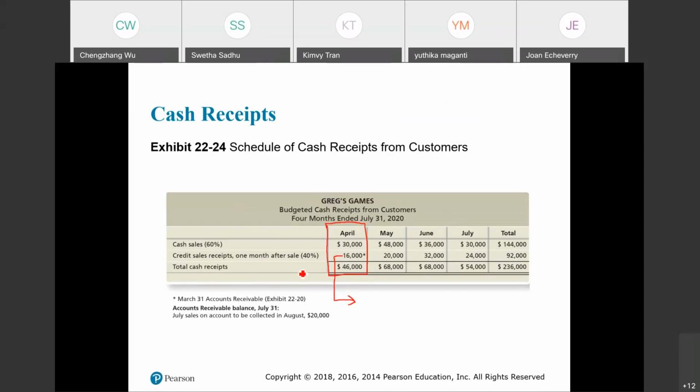Well, this number is calculated as 40,000 times 40%. Well, you may ask, where do we find 40,000?